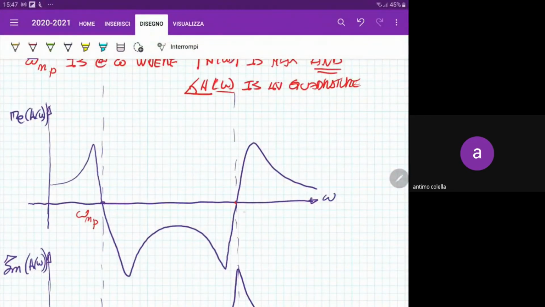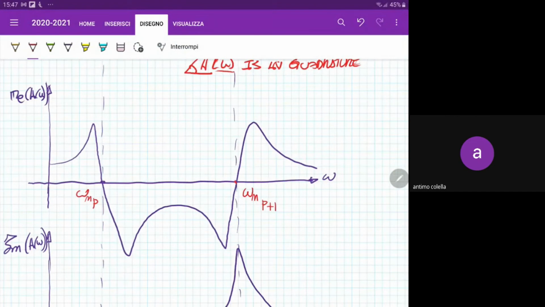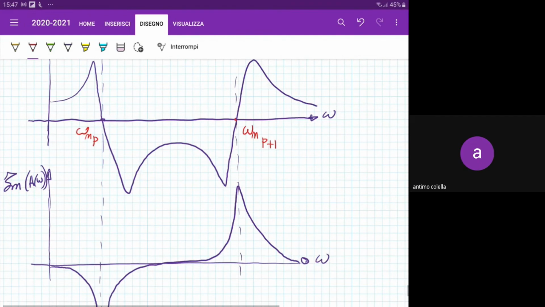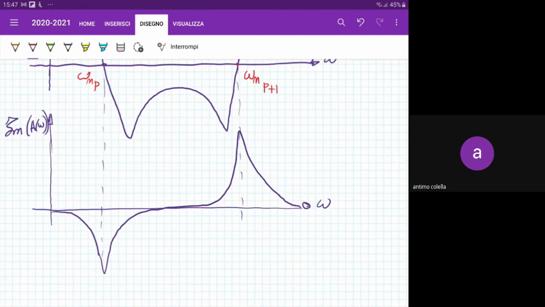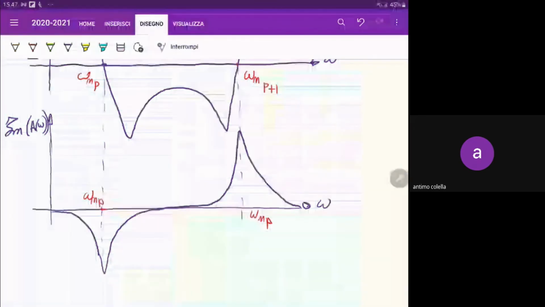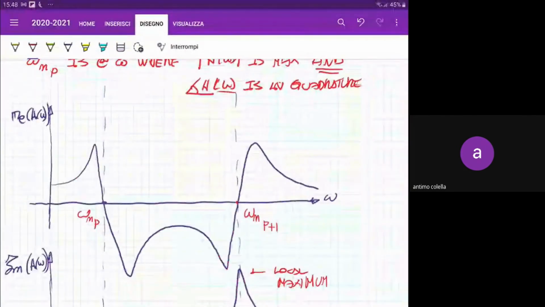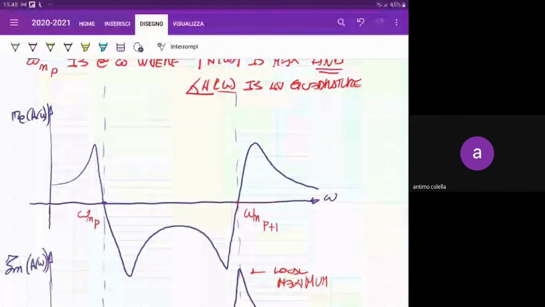Okay, when the real part of the frequency response function is crossing the omega axis, corresponding to a minimum or a maximum of your imaginary part function, okay, we got the local minimum in this case, and we got the local maximum, okay, of your imaginary representation of the frequency response function corresponding to this zero crossing of the real part.